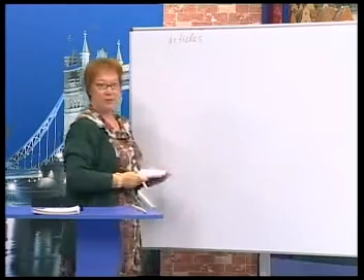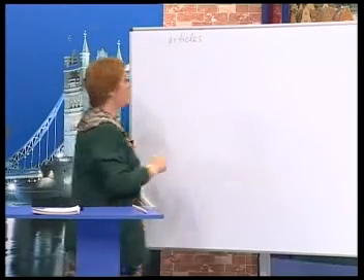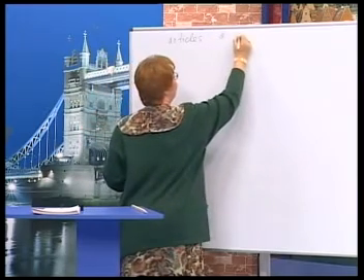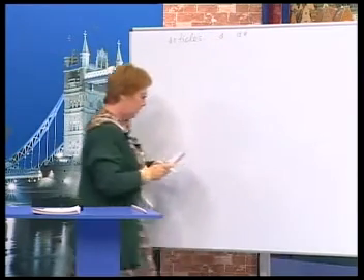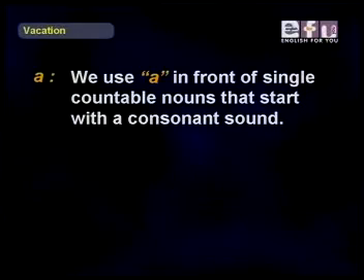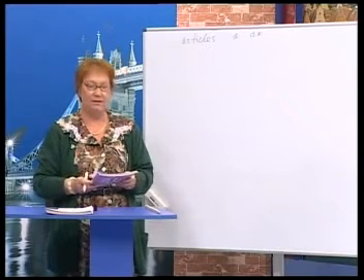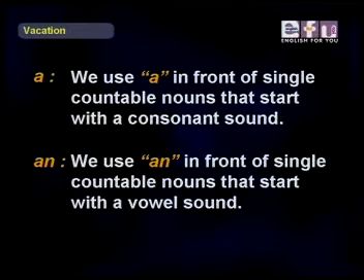Now, we're going to talk especially about a and an. Remember, with a, we use a in front of single countable nouns that start with a consonant sound: B, D, T. An, we use an in front of single countable nouns that start with a vowel sound.